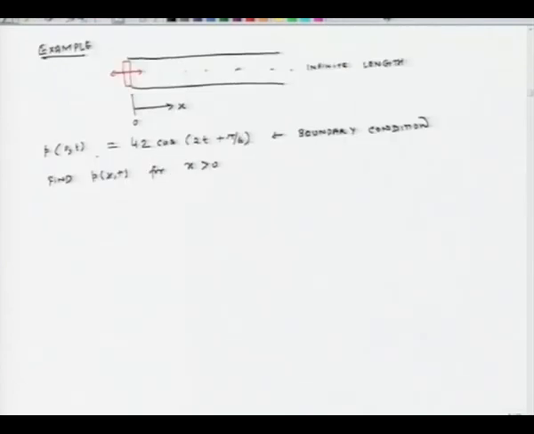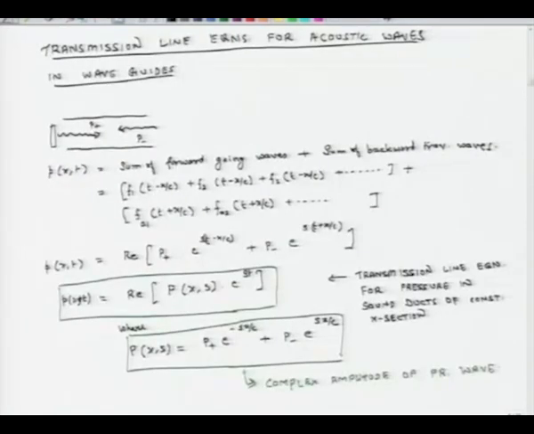So, P(0, t) equals 42 cosine(2t + pi/6), and that is equal to, using this relation where P plus and P minus are this entire thing, with x put to be 0. So, P(x, s) is essentially P plus plus P minus, because x is 0.